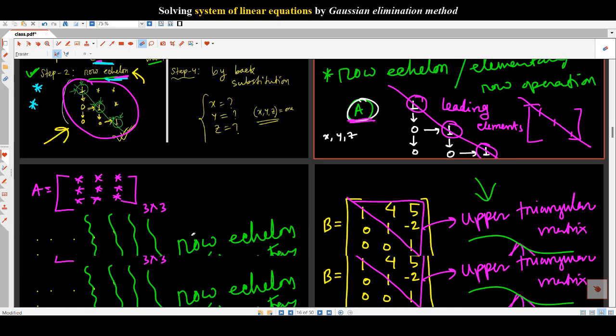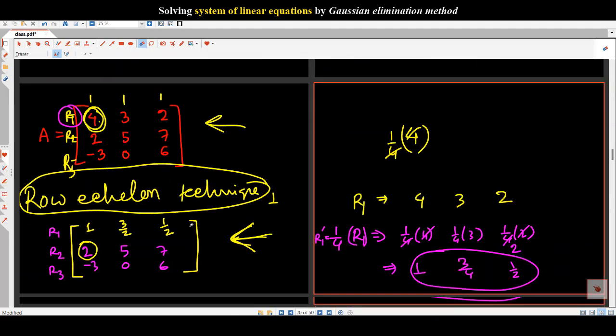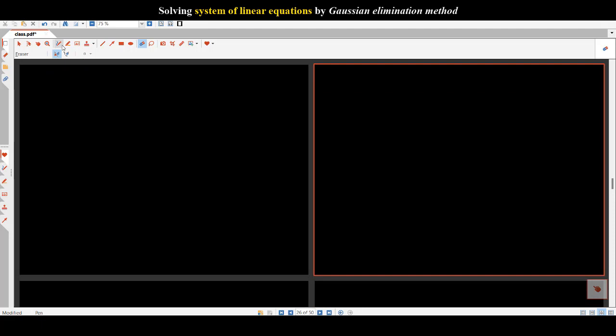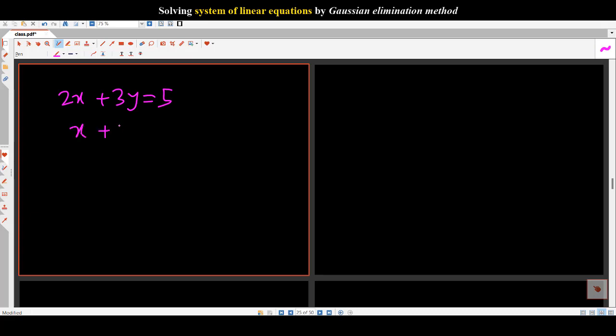Now suppose you have 2 equations, 2 variables. Let's say 2x plus 3y equals 5, x plus 2y equals, let's say, 6. So if we have to solve these systems, then we will apply Gaussian elimination method.